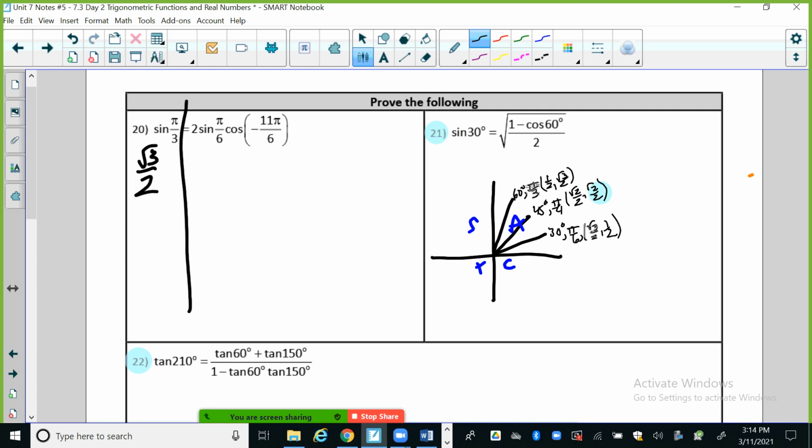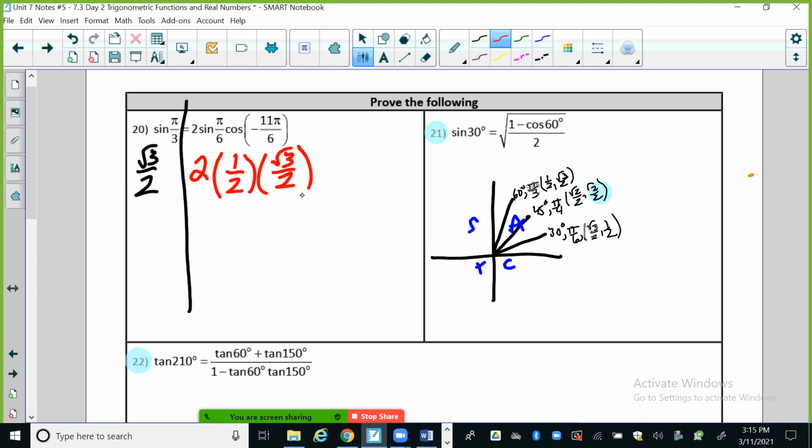And then the right-hand side, we have 2 times sine of pi over 6. So looking at pi over 6, sine of pi over 6 is 1/2, times the cosine of negative 11 pi over 6. So negative 11 pi over 6 is in quadrant 1, refers back to pi over 6. So cosine of pi over 6 is square root 3 over 2.